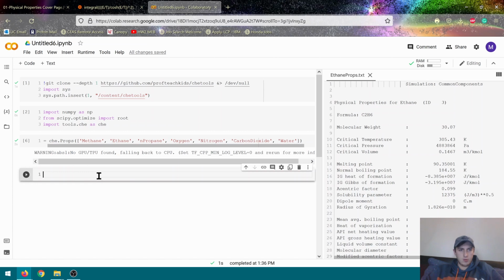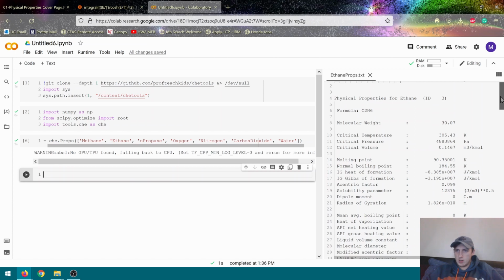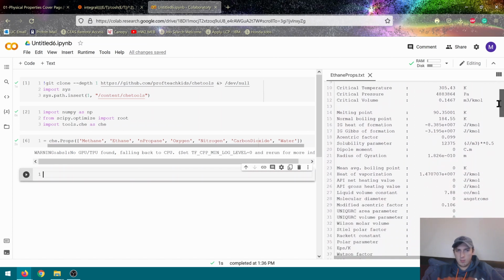Okay, so now what we're going to do is code in the equations and see if we can solve for our system. So what I've done here is I've opened Colab and I've imported a little bit of code already. What I have is this clone bringing in a set of kin tools, and you can see here this is an example of one of those files, and it provides a bunch of ethane properties.